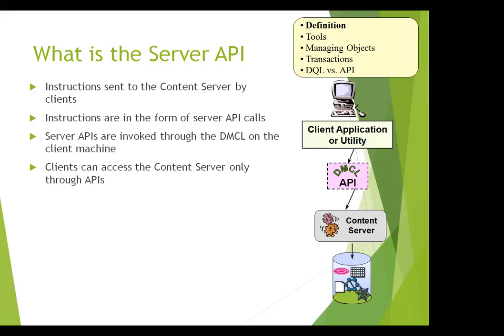A library is a collection of functions. What is a library? A library is a collection of books, where all the collection of knowledge is there, right? So DMCL, the client library, is something where you have written so many APIs. You collected so many APIs.